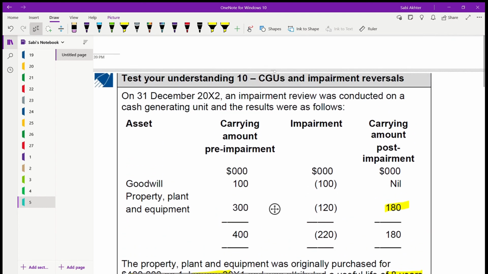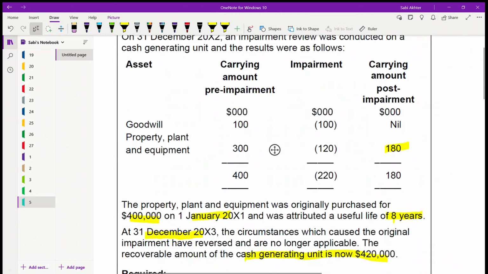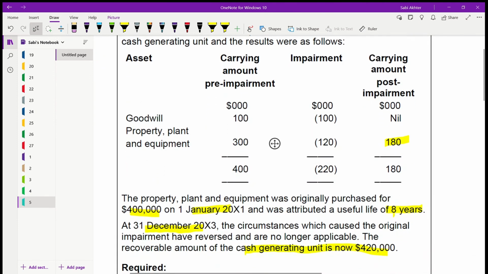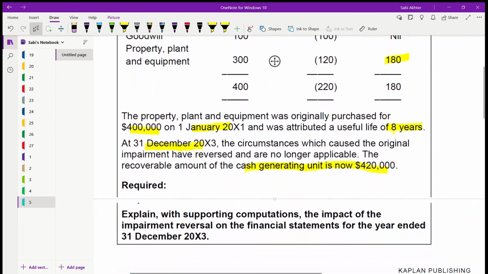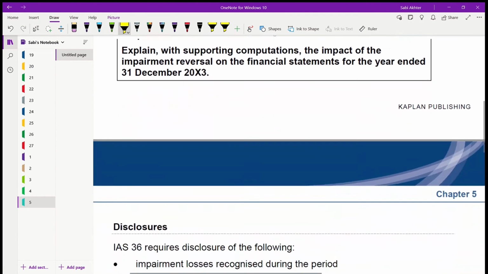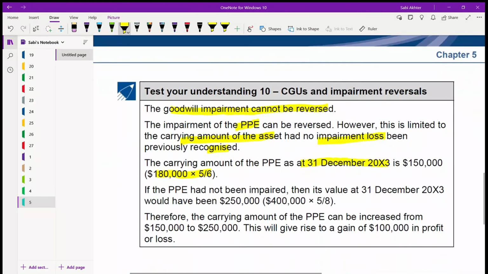But this was recorded on 31st December 2002. That means 2 years went by. So remaining useful life is 6 years, right? That means on 31st December 2003, 1 year's depreciation you need to deduct. So after depreciation, it will be 5 over 6 into 180,000. This will be the carrying amount.